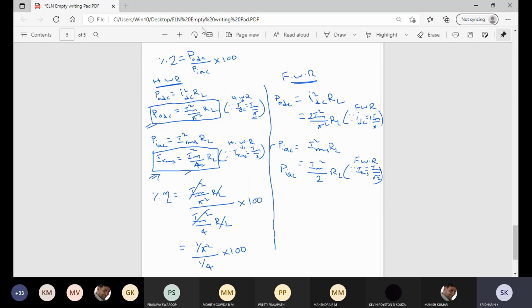So now you substitute this PODC and PIAC in the main equation formula. So what do you get? Percentage of efficiency is equal to PODC divided by PIAC, which is Im square by 2 into RL. Correct? So PODC and PIAC you are substituting in this equation.